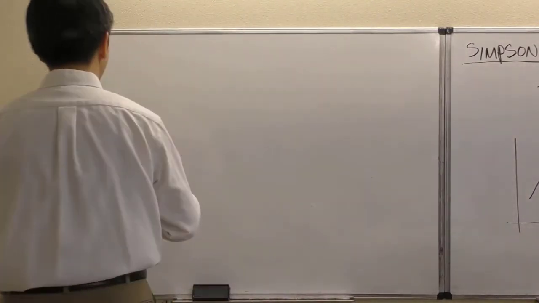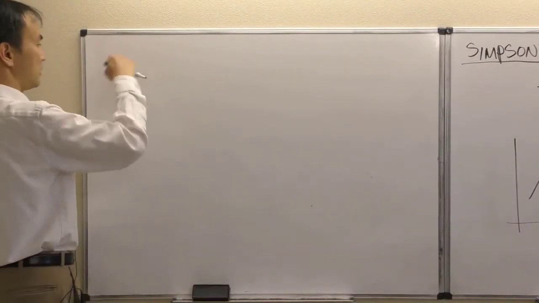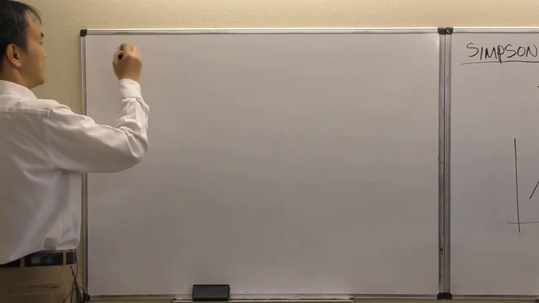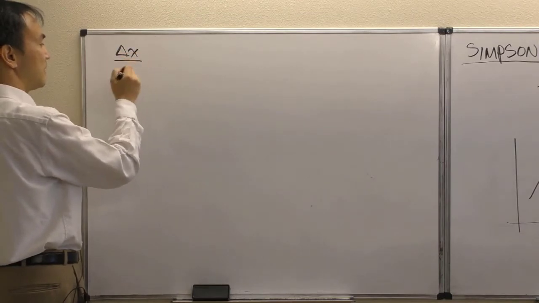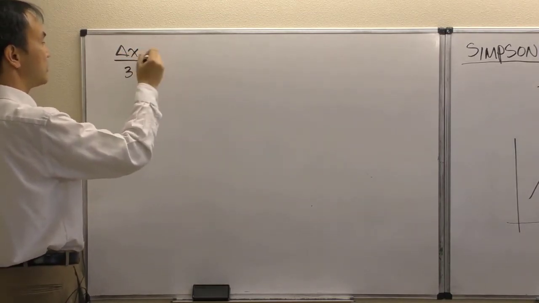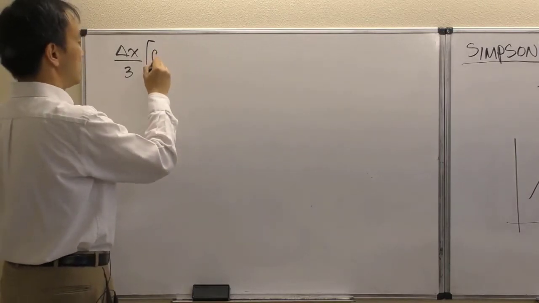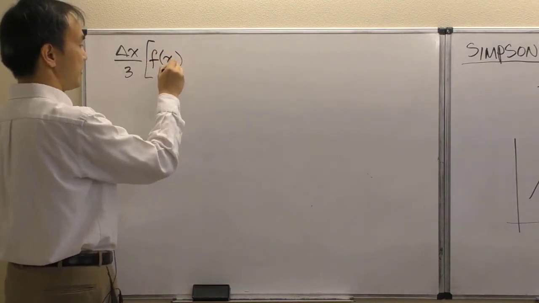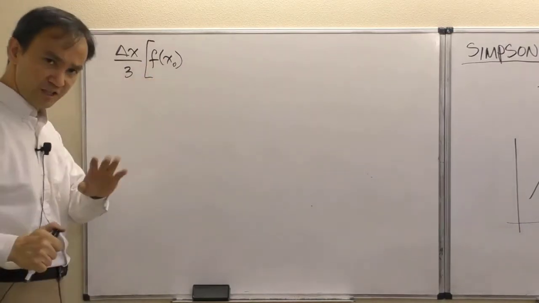The formula for Simpson's method to approximate the area inside of a curve is as follows. Delta x divided by 3, and I'm going to multiply that with f of x0, the very first point in our interval, coefficient 1, just like that.